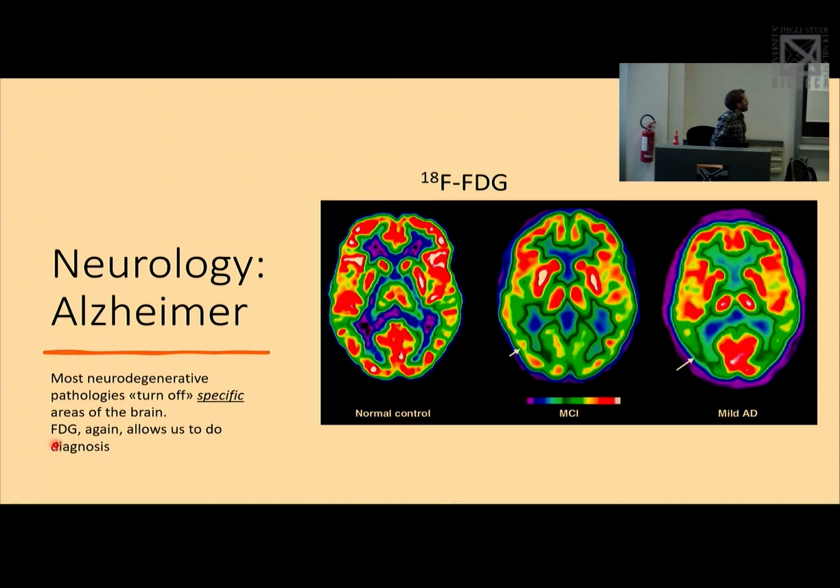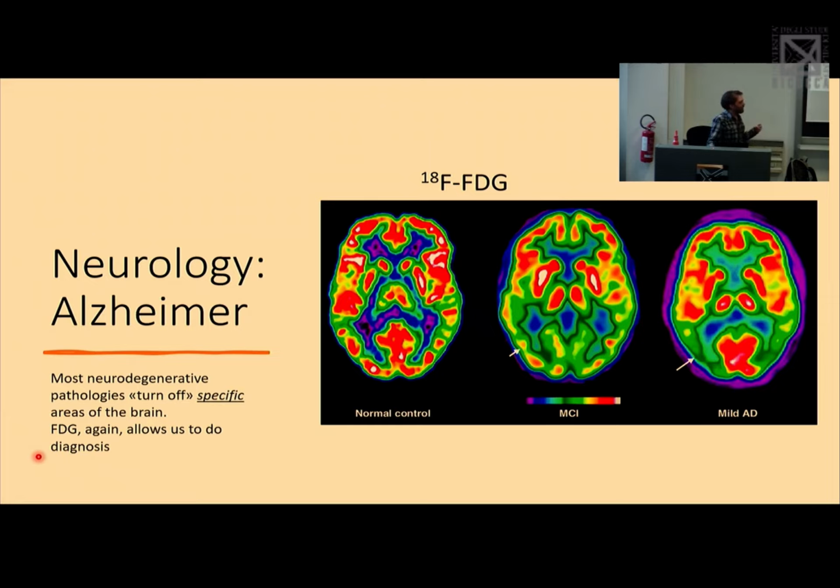And an interesting thing, which I'll come back to in 20 minutes, is the fact that there can be many different types of dementia. But if you have a proper dementia, it will shut down a specific part of the brain, which is typical of the specific dementia that you have.